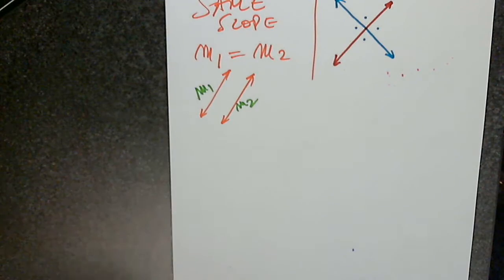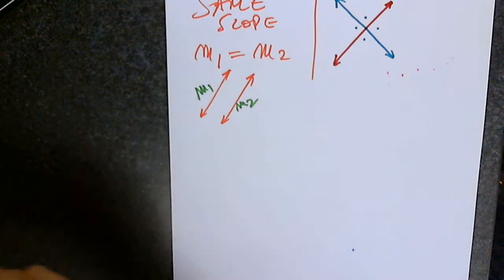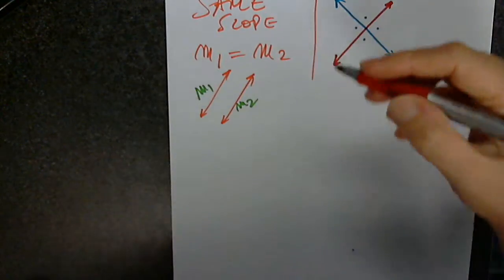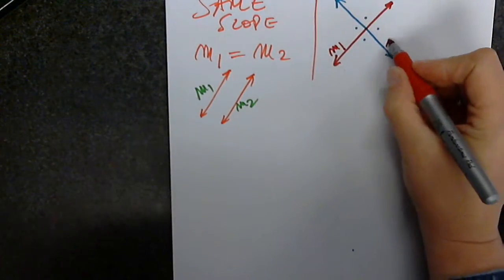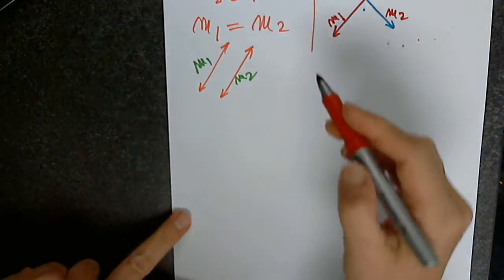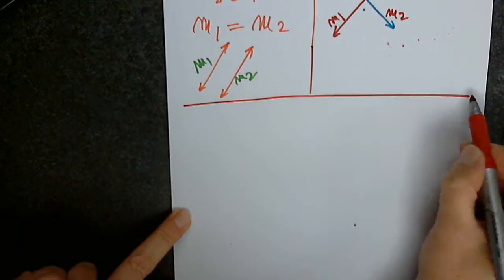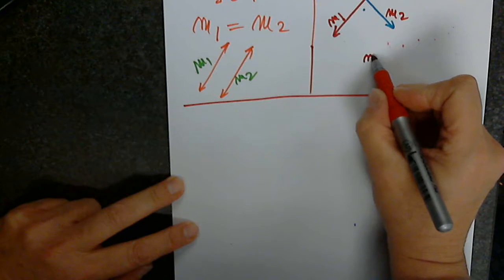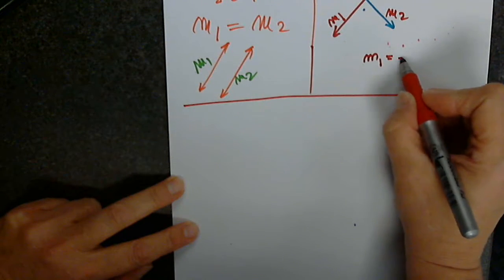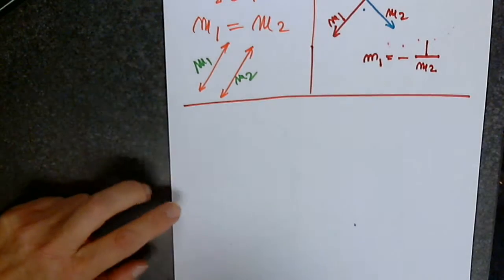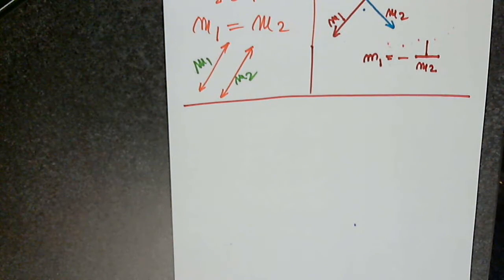Now, there is also a relationship between the two slopes in the case in which they are perpendicular. So if this is M1 and this is the slope M2, the relationship between the two slopes is very different. And we have to remember it. Yes, please. So it would be M1 equals negative 1 over M2. The negative reciprocal of the other one.